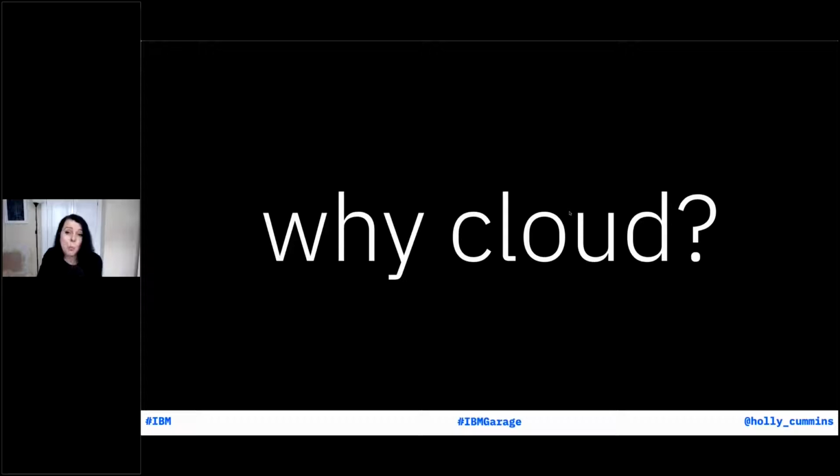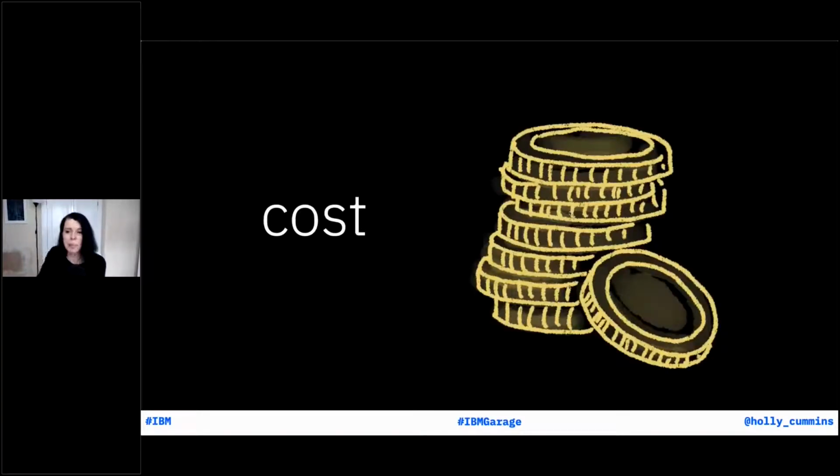So one of the first reasons that we went to the cloud was cost. By running workloads in someone else's data center rather than my own data center, I could make things a lot cheaper. And the reason they were cheaper was because I didn't have to provision the maximum capacity I needed.